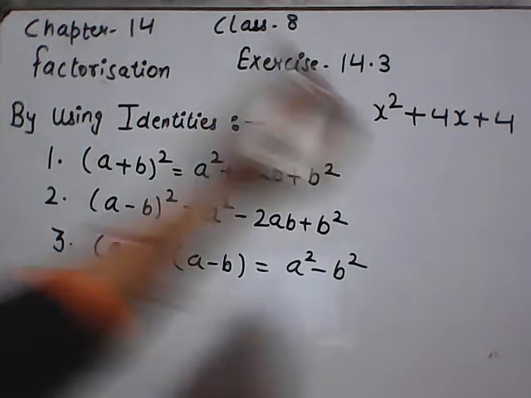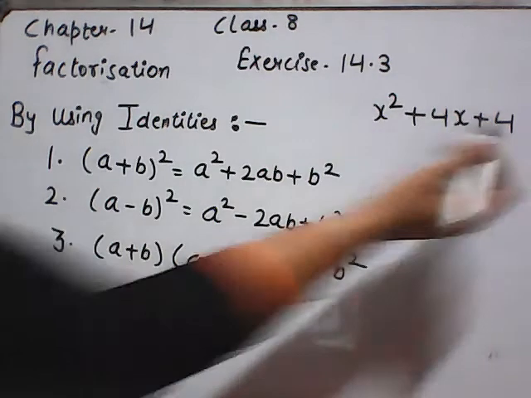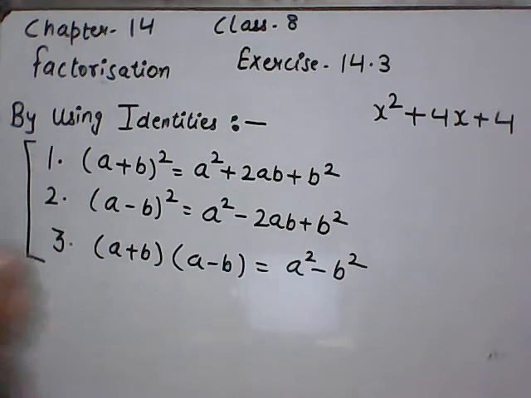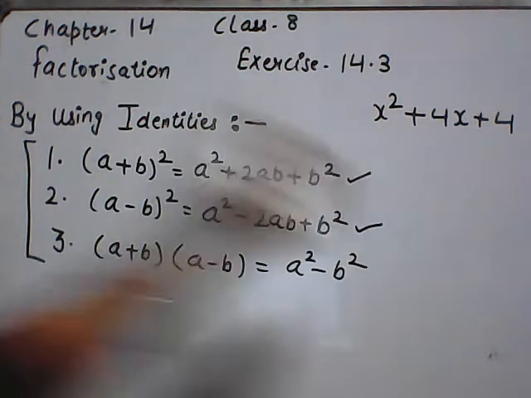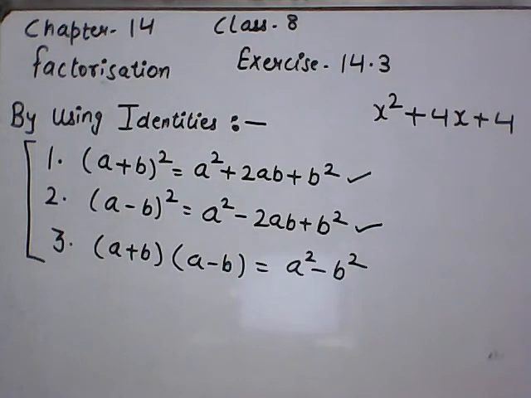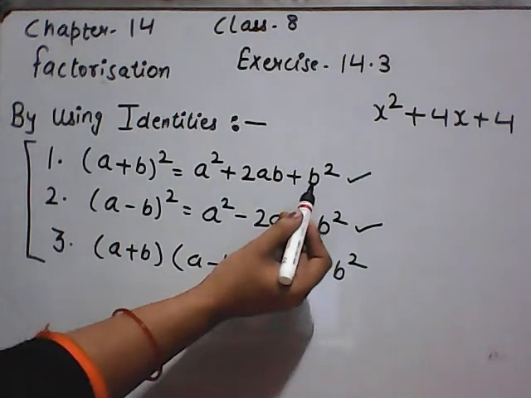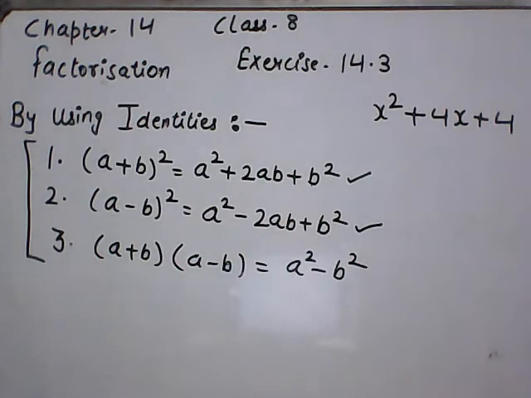Now, in this expression, we have three terms: 1, 2, 3. Now, check in which identities we have three terms. Only the first and second identities have three terms: a square plus 2ab plus b square, and a square minus 2ab plus b square. Therefore, it may fit into the first or the second identity.